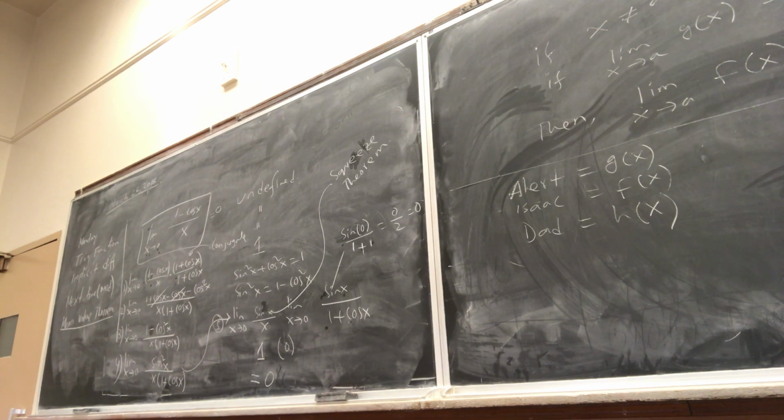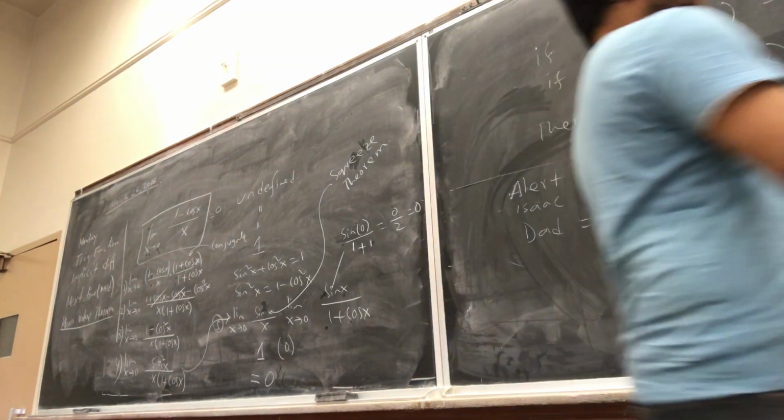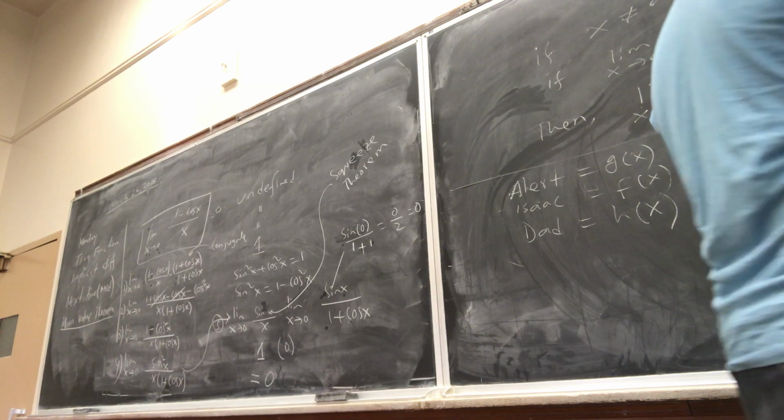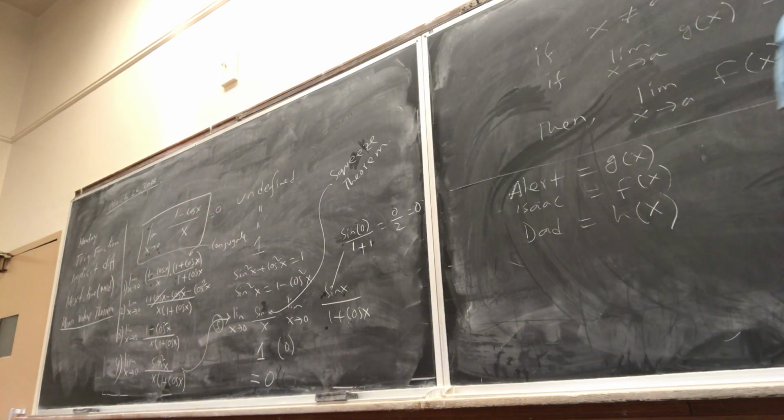Okay, so the Squeeze theorem tells us that this is A, this is A. So let's draw something. Let's call this one Albert. I'm going to replace it by notation in a second, once you get the hang of it.